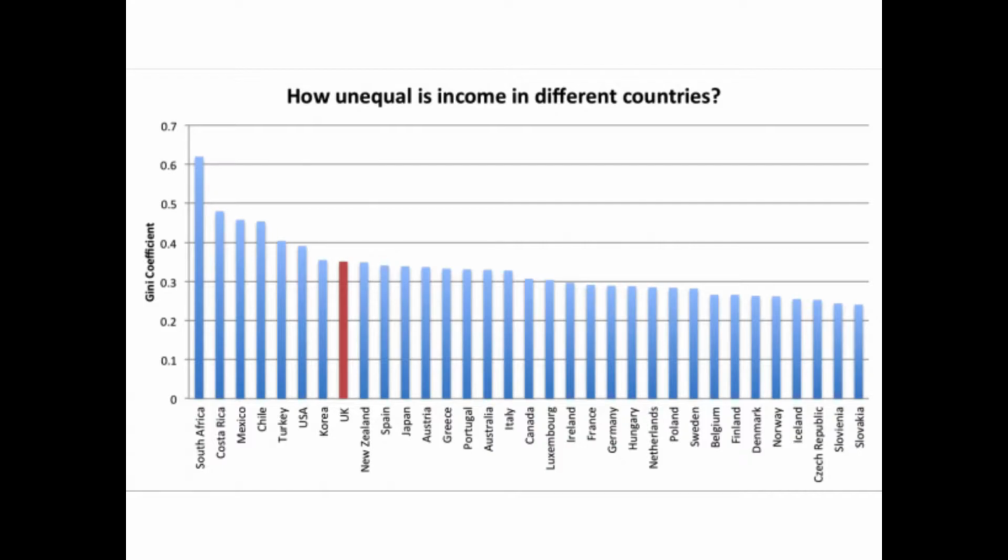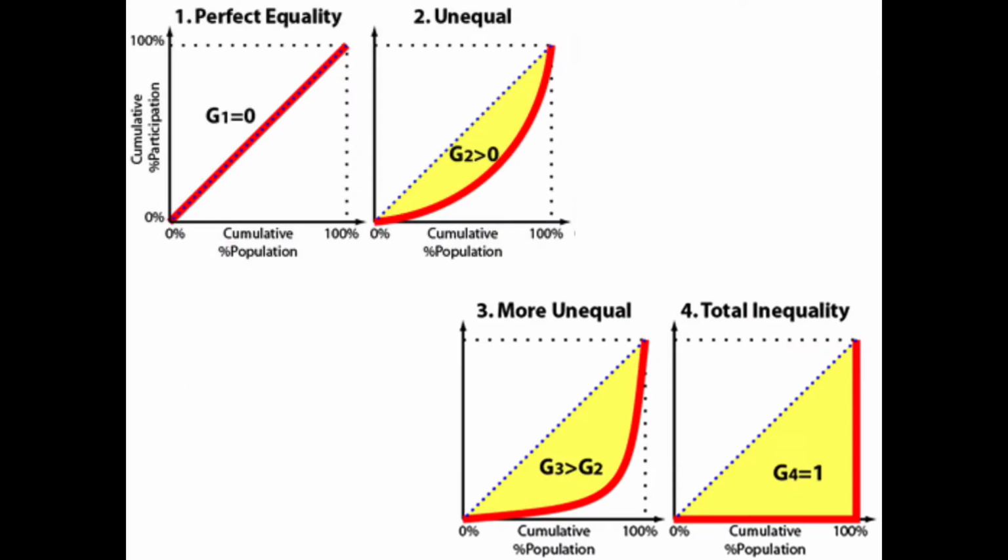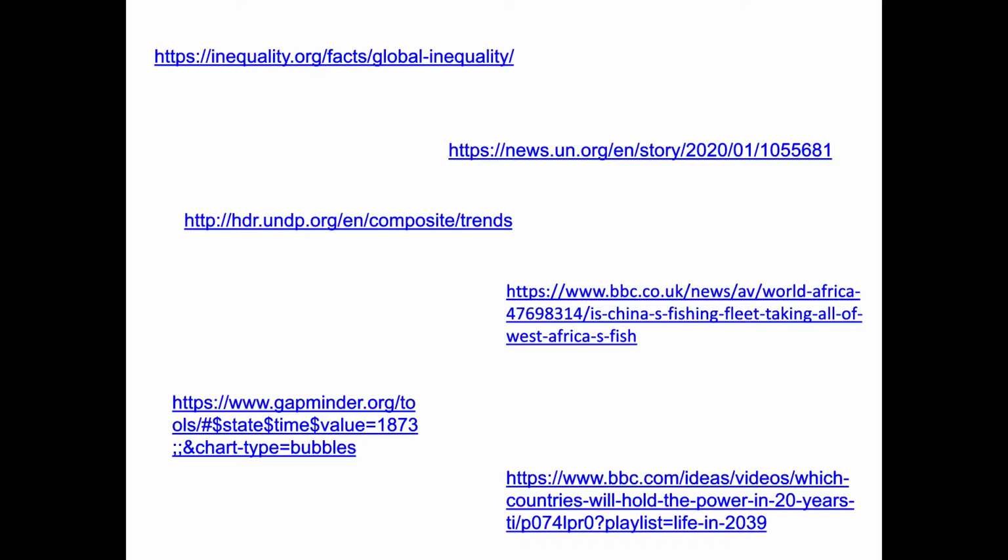Not within countries, but between them. It's the same idea, but in a slightly different perspective. So I just thought I'd remind you of that. It was all Lorenz curves and Gini coefficients, and obviously if you need to revise that, find the Changing Places playlist and find the inequality video, and you'll get all the information that you need.